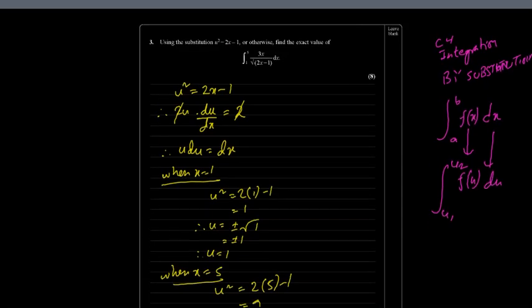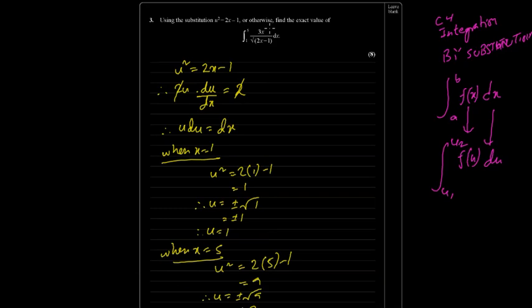Then we have 3x. Now for x, we can take this: u square equals 2x minus 1. We can write u square plus 1 divided by 2 as x. So we can rearrange this, and instead of x, we can substitute u square plus 1 by 2.